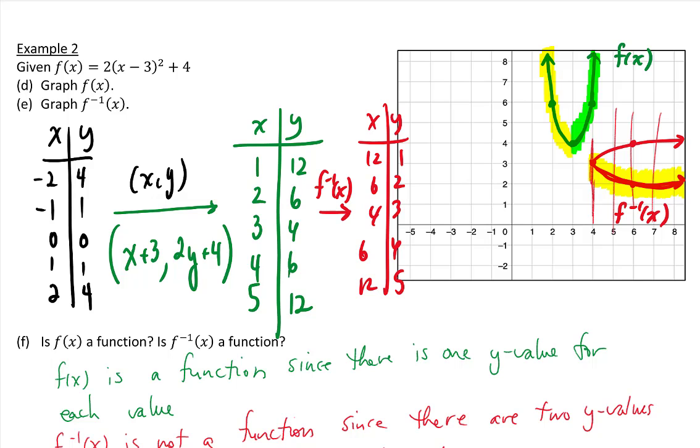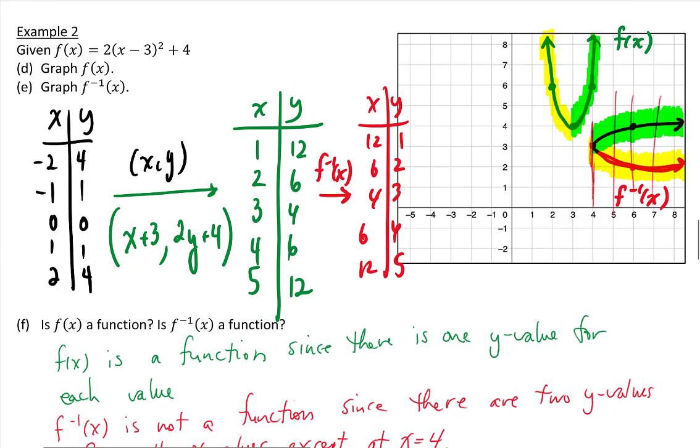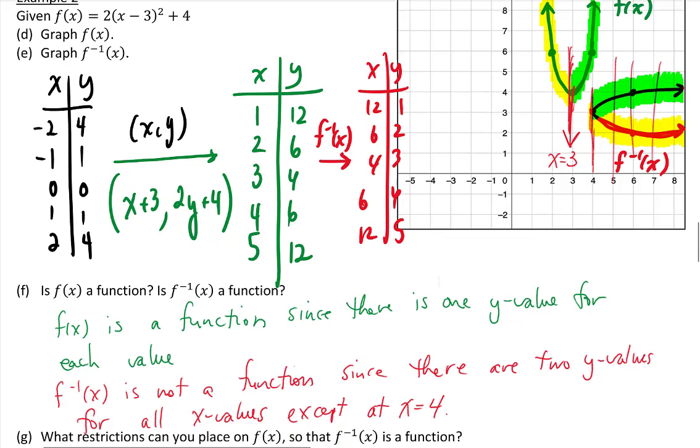The bottom half of that parabola in yellow is the same as the left side of the original function. Similarly, the right side is going to be this top half. So if we want to make a restriction, we're going to look at the vertex. If we split the parabola down the middle, at x equals 3, and take the left or the right side, we can restrict this parabola, say only draw half of it, and that will give me an inverse which is also a function.